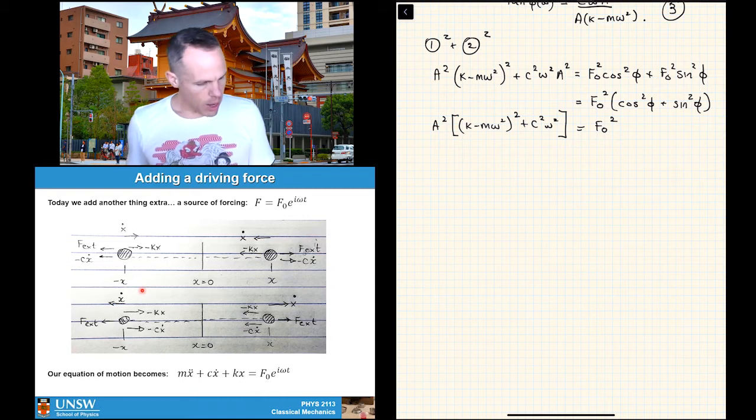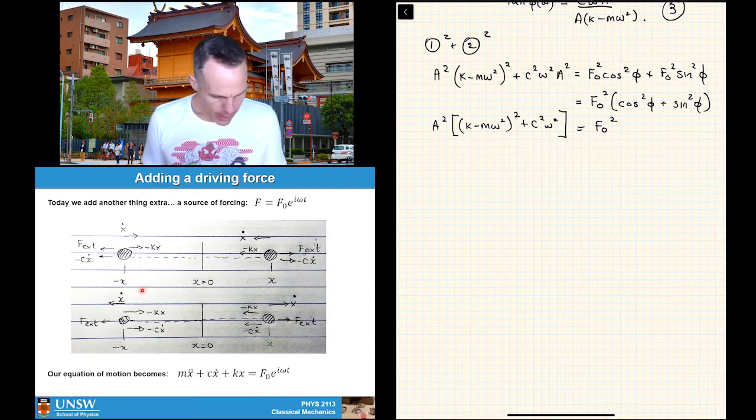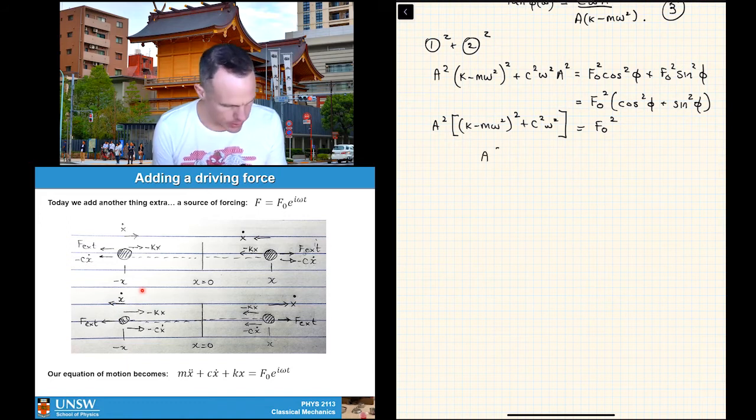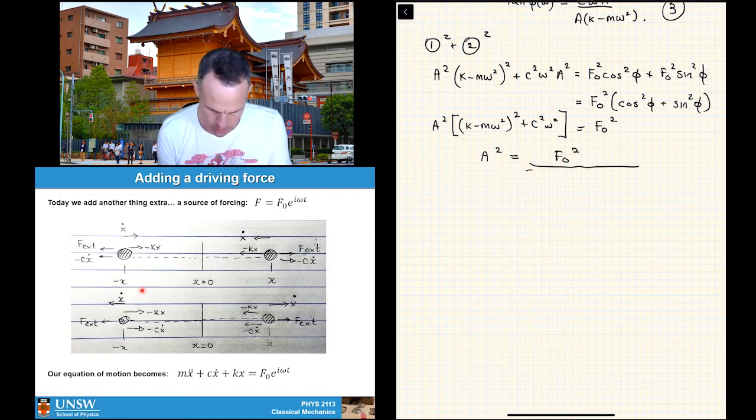Good. And we can now push that over to the other side. So our a squared is going to be f0 squared on this guy, k minus m omega squared squared plus c squared omega squared, like so.